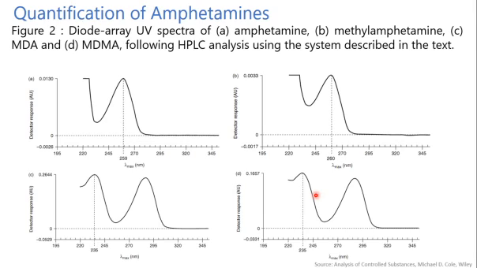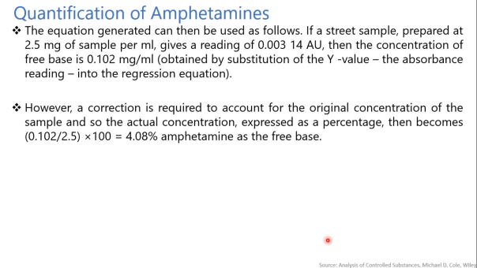In the case of methylamphetamine, the lambda max is 260 nanometers. In the case of MDA, the lambda max is 235. And in the case of MDMA, it has the same lambda max corresponding to the MDMA sample.